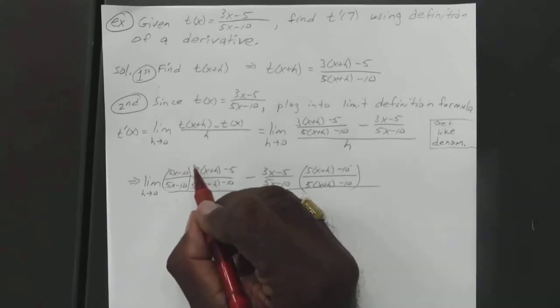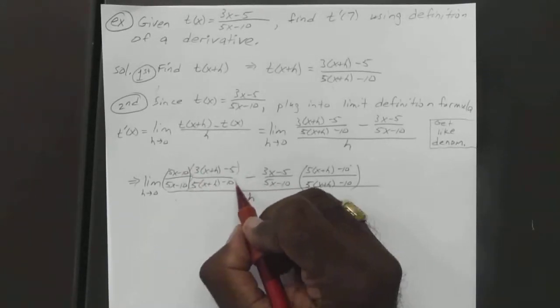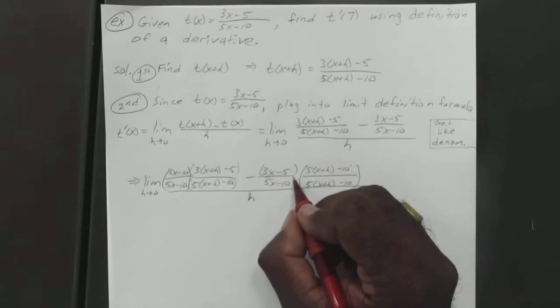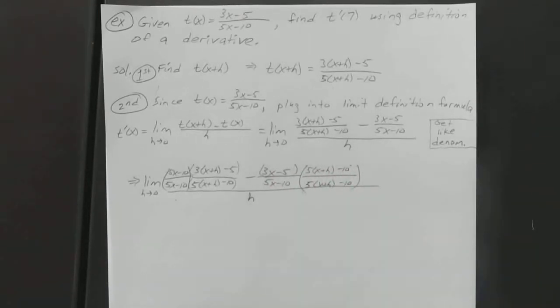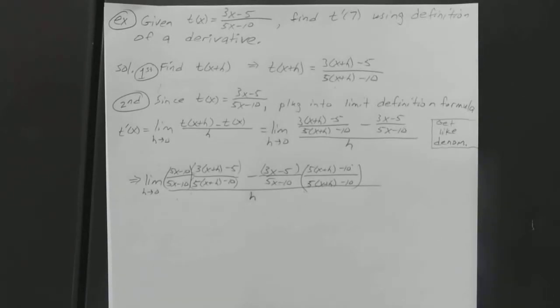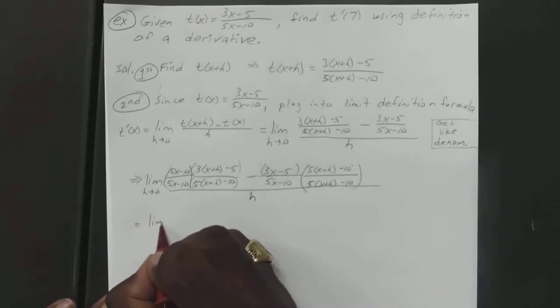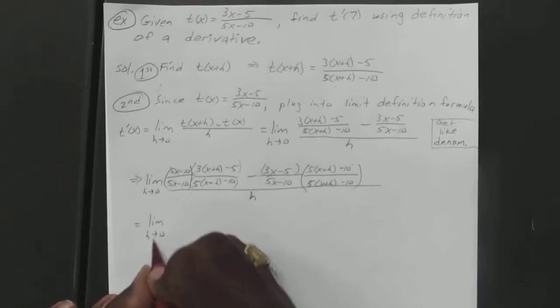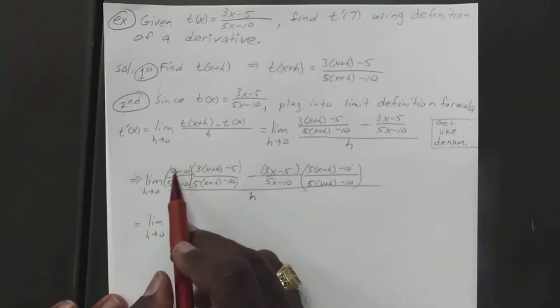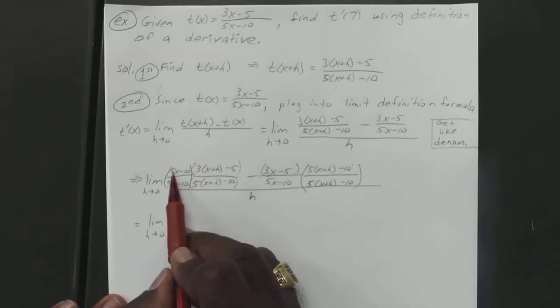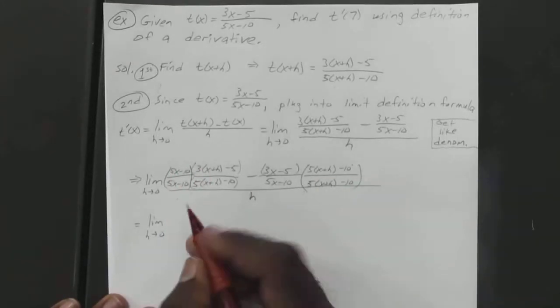So for each one of these, we're just going to do the FOIL method, at least in the numerator. We don't have to worry about it in the denominator. So the limit as h approaches 0: if we do the FOIL method up here, 5x times 3 gives 15x times x plus h.